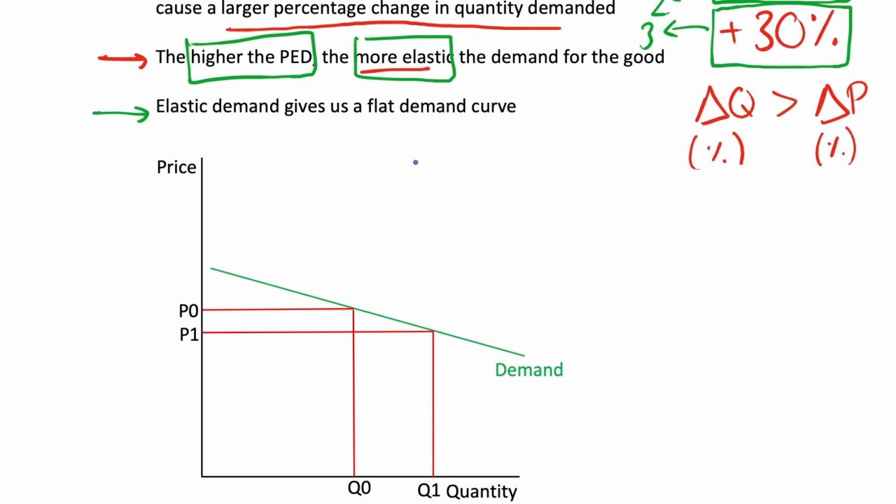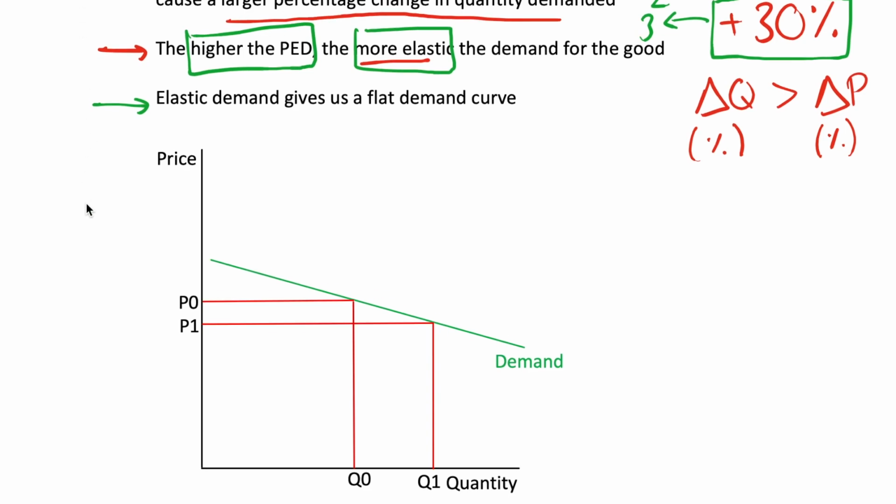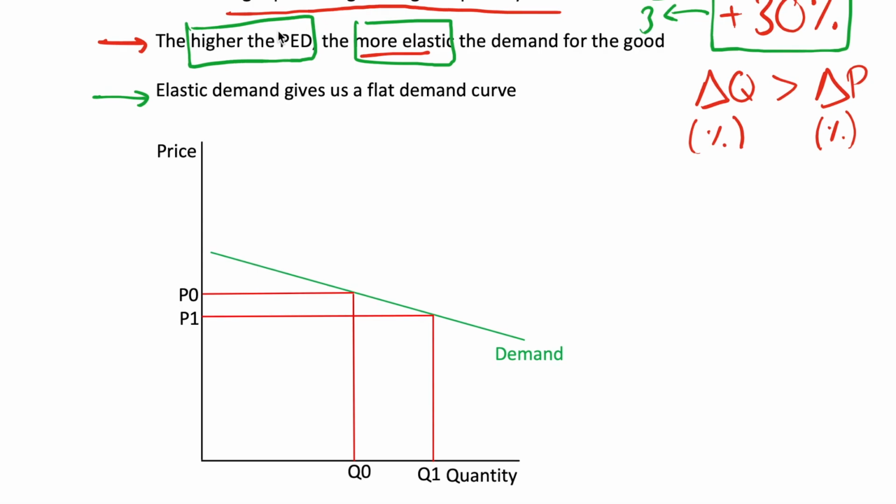And as we can see, this demand curve is flatter than what we usually draw a demand curve as. A pretty standard demand curve we might think of as having a slope something like this, but we've got a demand curve that is elastic, so it's flatter than this. The slope is shallower.